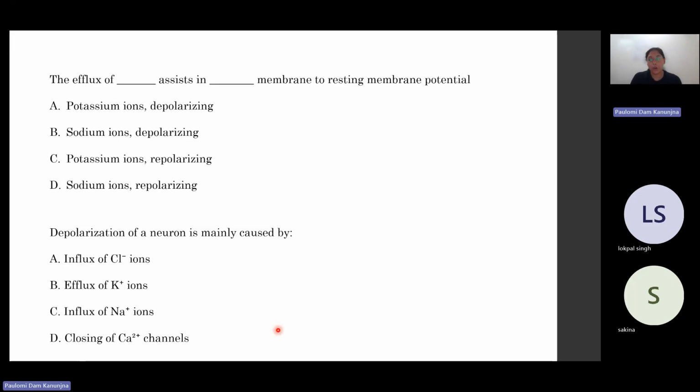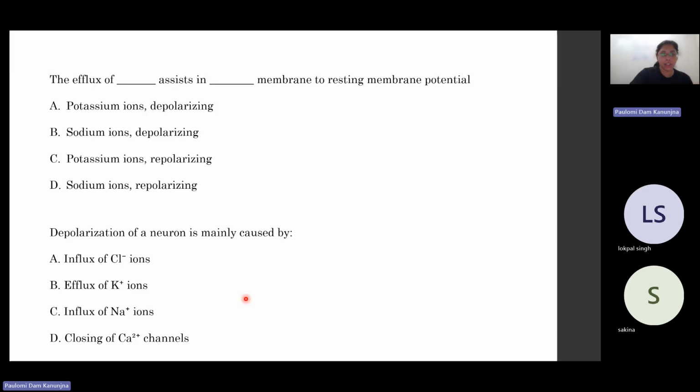Great. Okay. Next. So read it properly. The efflux of dash assists in dash membrane to resting membrane potential. Second question: depolarization of a neuron is because of what? So we know depolarization. What is happening in these spaces?